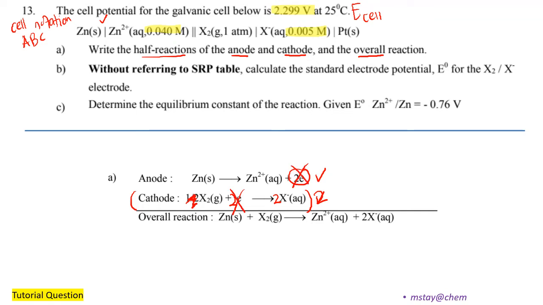In the end, the overall reaction for the reactant side has zinc solid and X2 gas, while for the product side we have zinc 2 plus aqueous and also 2 X minus aqueous. So again, as a reminder, when we write the balanced chemical equation, we do not need to include the concentration.